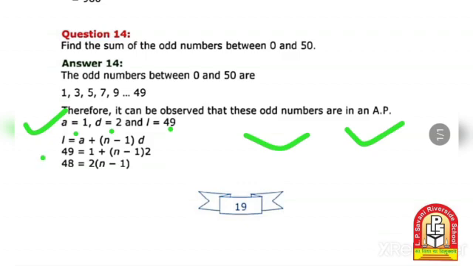So l is equal to a plus n minus 1 into d. Here l is equal to 49, a is equal to 1, d is equal to 2, and we have to find n. So 49 minus 1, that is 48, equals 2 into n minus 1.